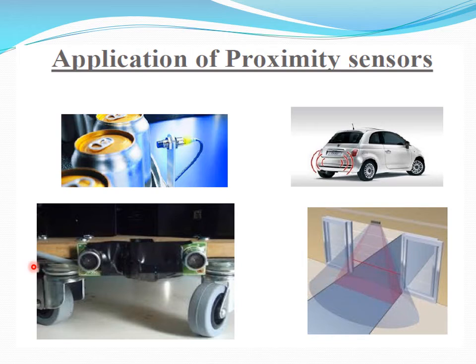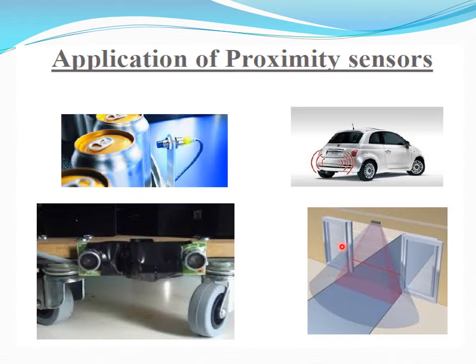Different application areas of proximity sensors: in a car, the reverse sensing mechanism. Here, a Coke bottling plant, using a proximity sensor, the bottles are monitored.